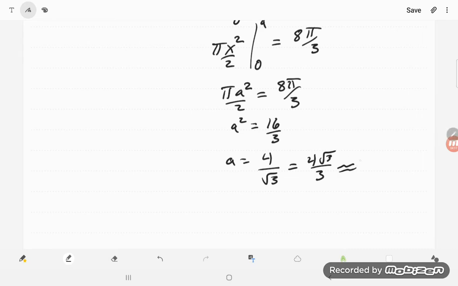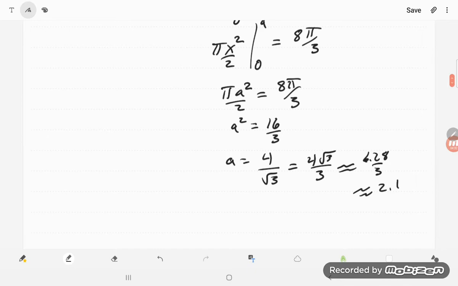So this is about 6.8 over 3, and so that's what, 2.27, or about 2.3. So this is somewhere around 2.1.